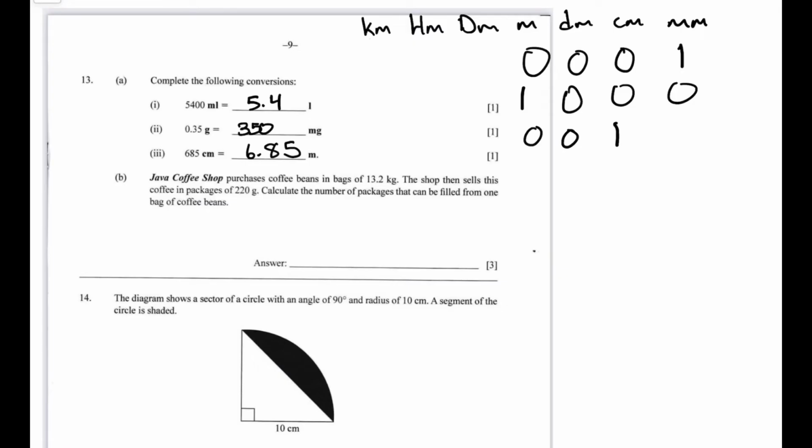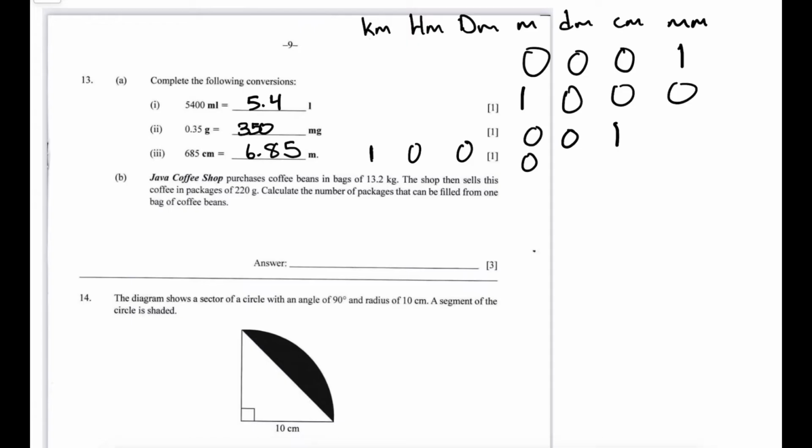So basically for this question, we're going to have to do a bit of a conversion, and because they sell it in 220 gram packages, we're going to convert the 13.2 kilograms to grams. So using our conversion tool up here, I'm going to put my 1 under kilometers, which we're going to pretend is kilograms, and we're going to stop under meter, which we'll pretend is gram, which means, well, you should know that 1,000 grams are in 1 kilogram.